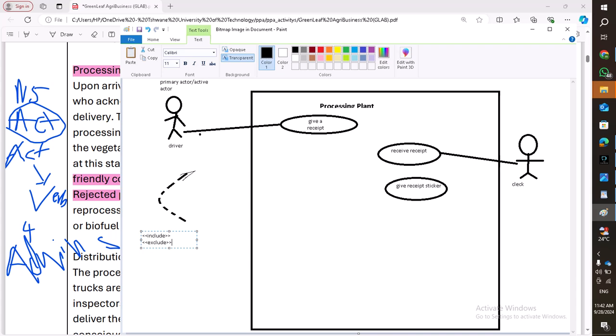Always remember, the exclude relationship is used for options.